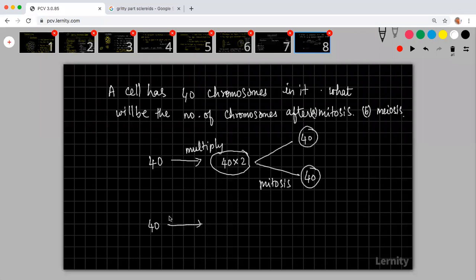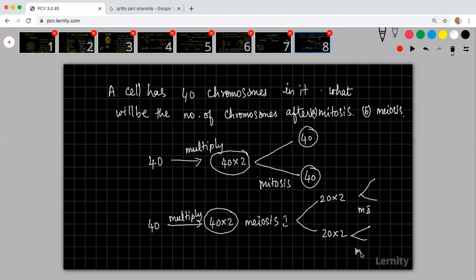40 will multiply. 40 into 2. Then meiosis 1 will happen. It will convert into 20 into 2, 20 into 2. After that, meiosis 2 will happen. Here also meiosis 2 will happen.